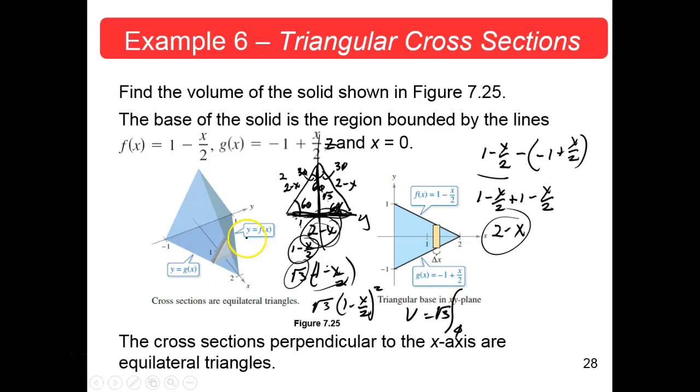And doing 0 to 2 on x, okay? Times 1 minus, okay, let's go on and square that thing, is that okay? All right. So that would be 1 minus x plus x squared over 4.